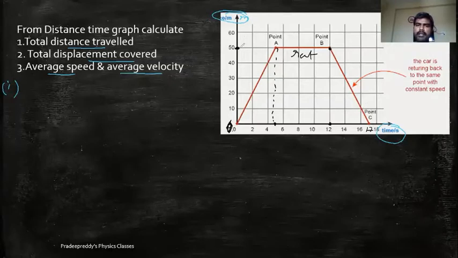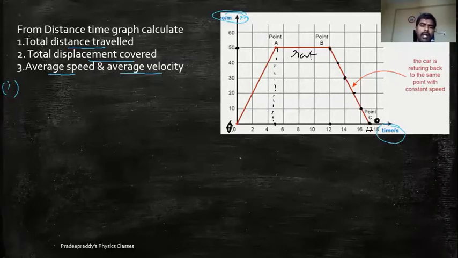From 50 meter, it is coming to 40, and then to 30, and then to 20, and then to 10, and then finally it is coming to 0, right? So what is the initial position? Initially, it is starting at 0 meter. Finally, after the 17th second, it is again coming back to 0 meter, right?